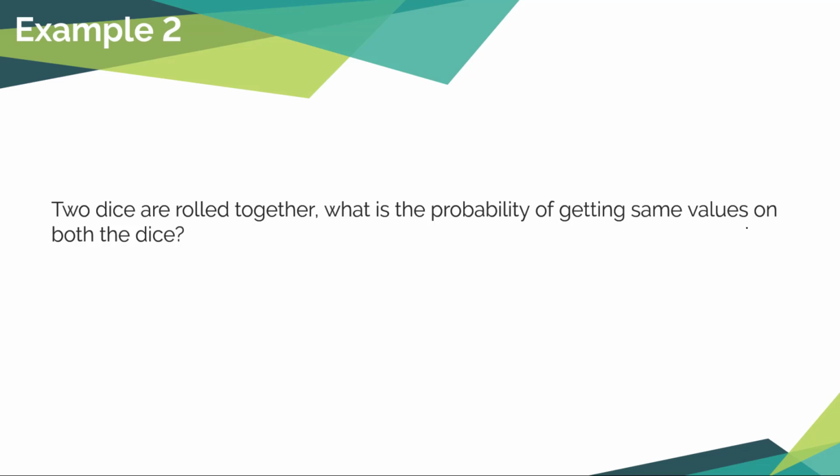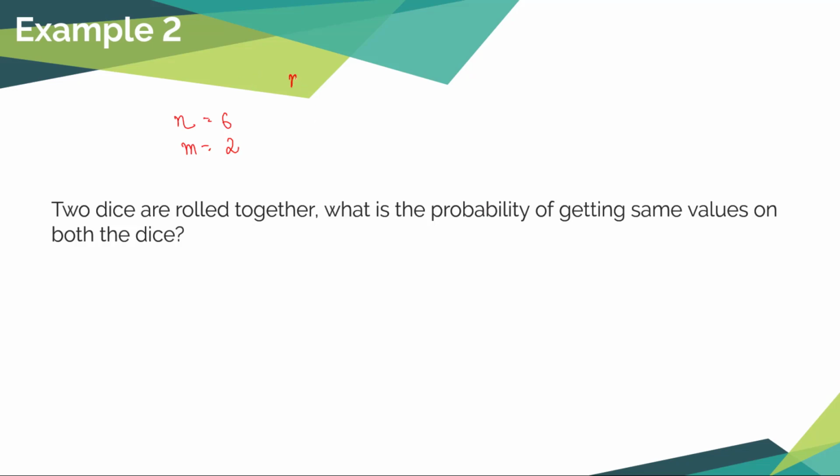So to solve this, just like the previous example, we will first have to write down the sample space. Now here we are rolling 2 dice, right? And every die has 6 possibilities. So in this example, our n is 6 and we are rolling 2 dice, so m is equal to 2.